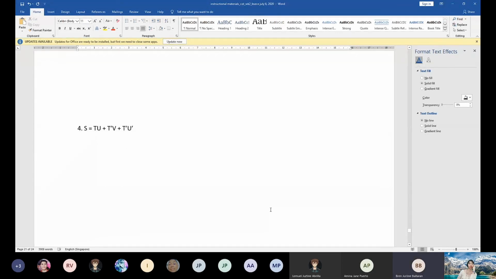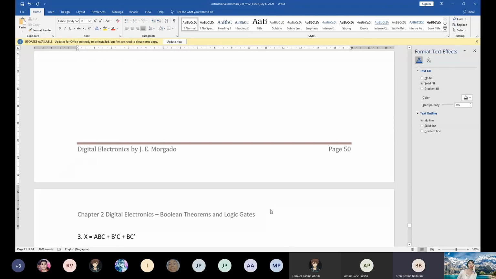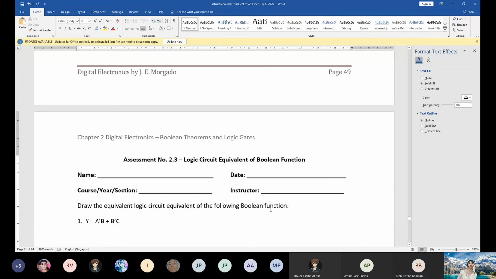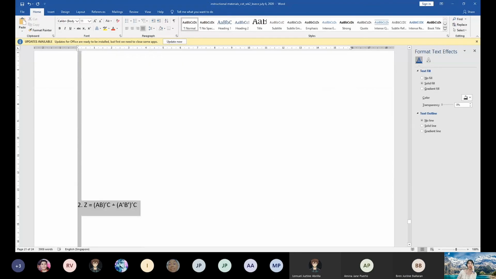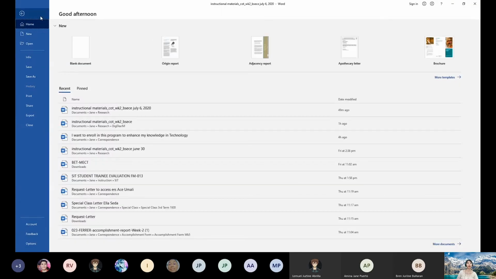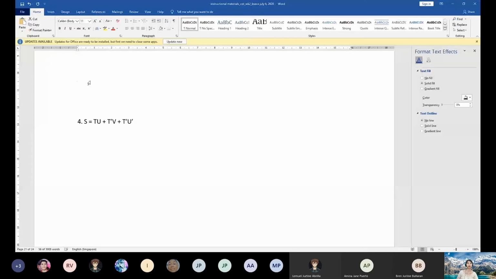I'll post this in MS Teams, PM, and put it in the assignment tab also. So I'll have it as a new file. Assignment, save as. Was this assignment 2.3? Okay, so let's upload it now.